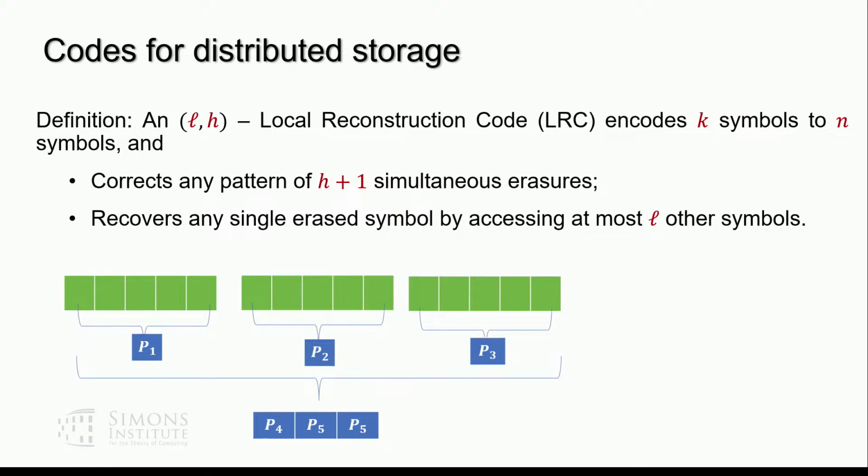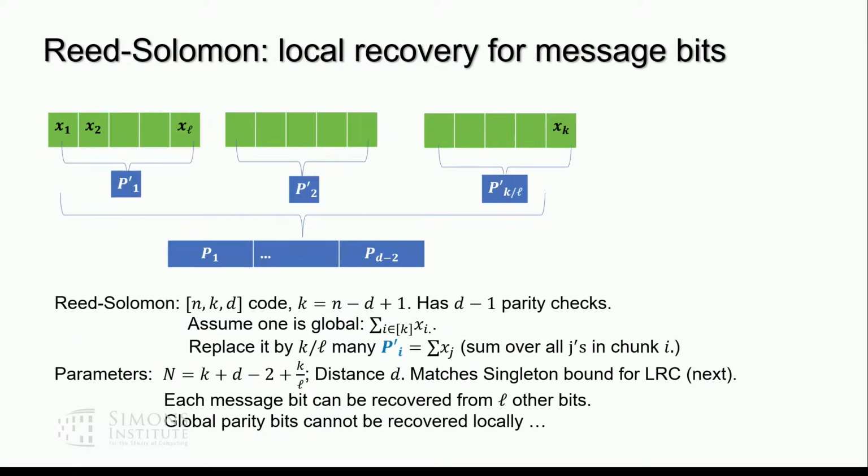An LRC, a local reconstruction code that encodes K symbols into N symbols, has to correct H+1 simultaneous errors, and it needs to recover any single erased symbol by accessing at most L other symbols. So the smaller chunks are supposed to be of size little L, and the global parities are supposed to correct the additional erasure patterns that are not necessarily local.